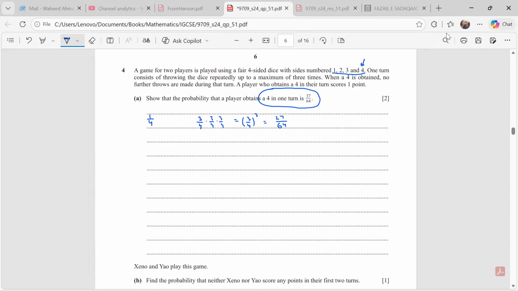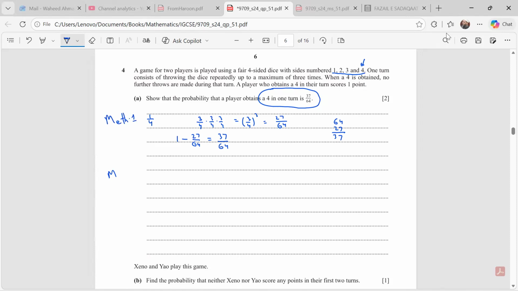So what's the probability of getting a single 4? That will be 1 minus 27 over 64, which is 64 minus 27, that is 37, so this is 37 over 64. Okay, makes sense? This is one method, method 1.